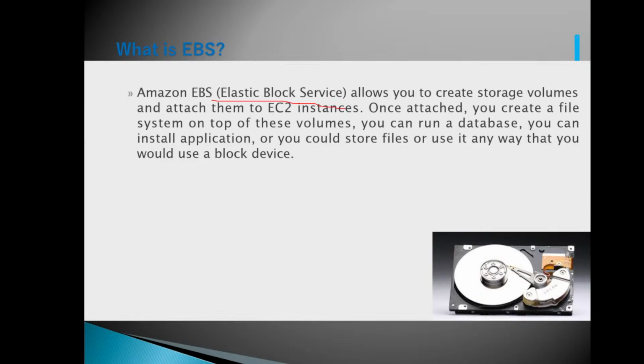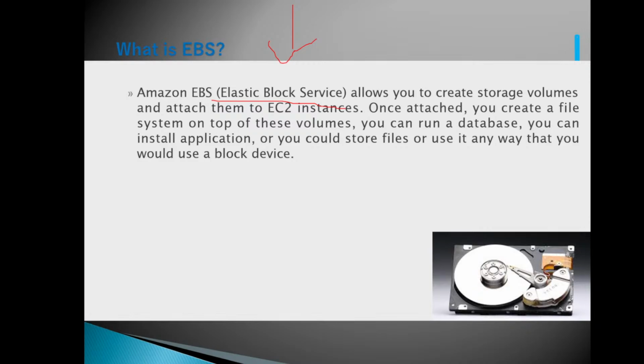No. But on block storage we can install any application, we can install an OS, we can run applications. So we are talking about an EC2 machine now. An EC2 machine requires at least one hard disk on which you can install your applications and software. So that's where EBS comes into the picture. It's a default storage, it's the root storage for that machine. It is a block storage on which your applications and software will be installed.